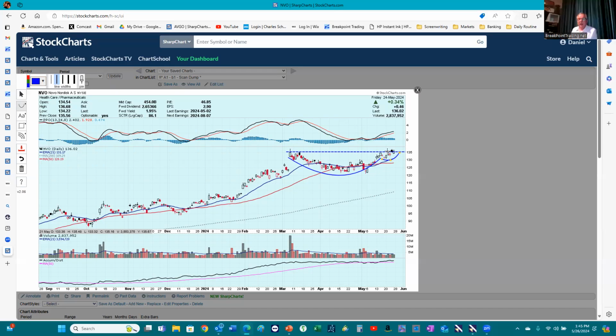Now, what happens is retail traders will say, okay, it's coming back up, I'll put my stop down here somewhere so I can get out. But professional traders are saying, okay, this is a resistance. If it does break through, I'm putting my buy stop, not a sell stop, where I want to get in, just above this resistance line, because if it breaks through that, then that's confirmation that all of these sellers are gone now.